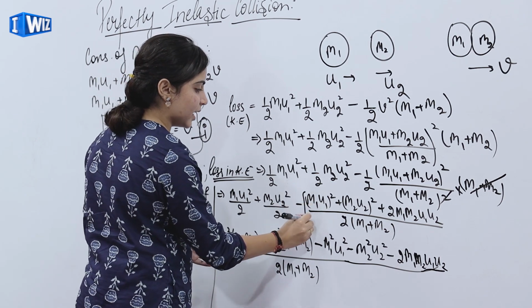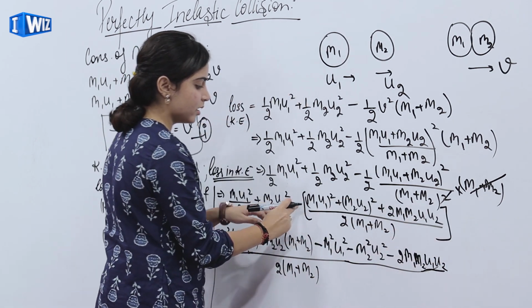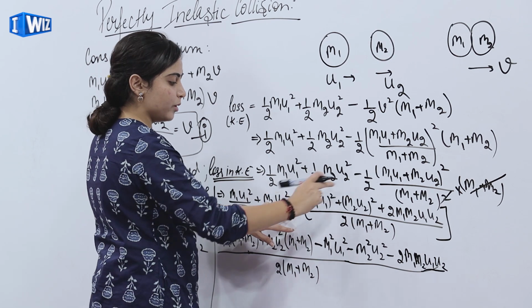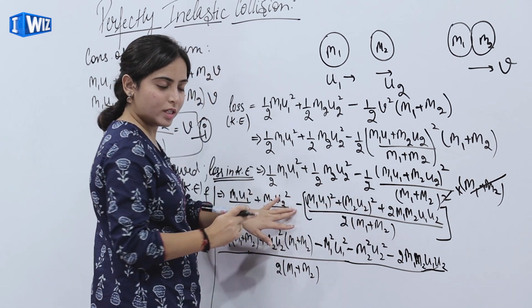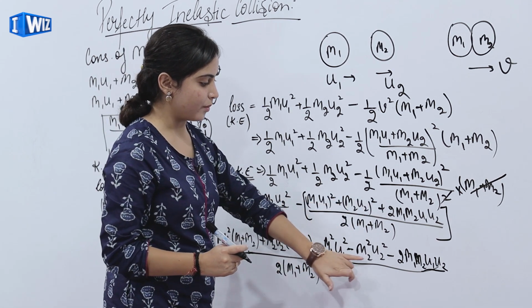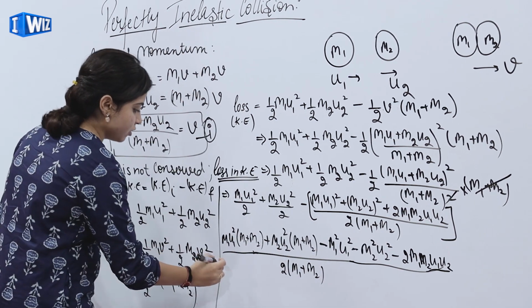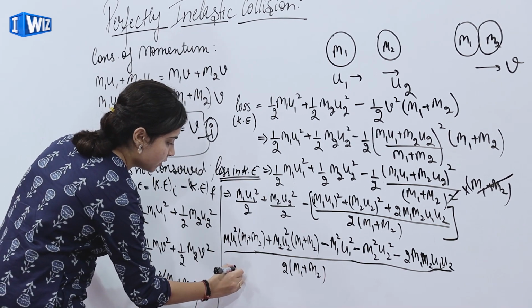This minus is multiplying with the whole bracket. Therefore, as soon as the bracket opens, this minus will get multiplied to each term.